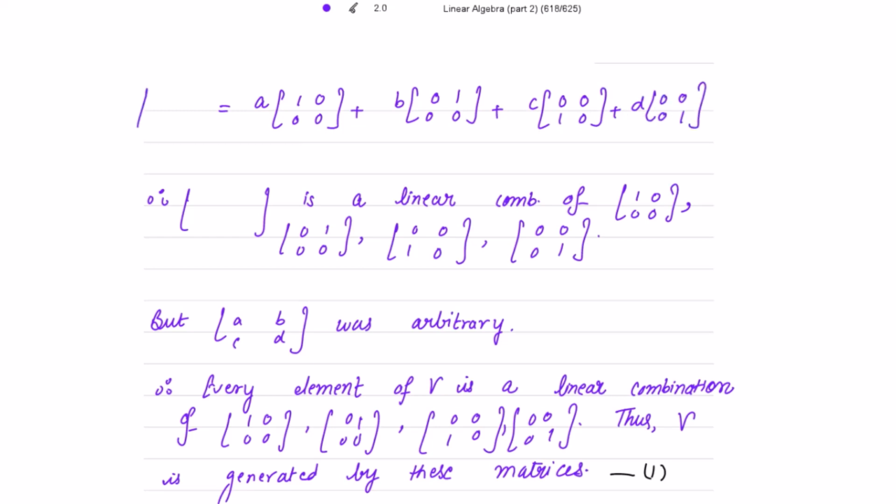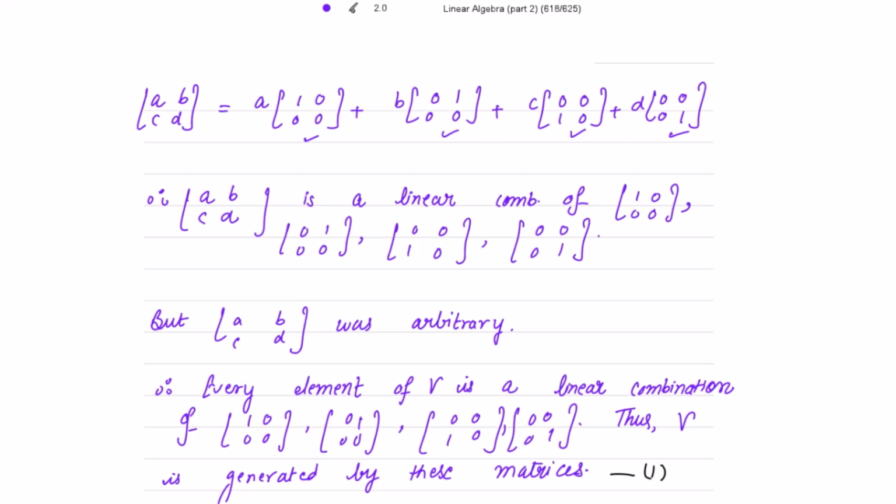Now I got the matrix [a, b; c, d] as a linear combination of these matrices, which means these matrices are a generating set. But a, b, c, d was arbitrary, which means every element of V is a linear combination of these matrices, which means V is generated by these matrices, right?